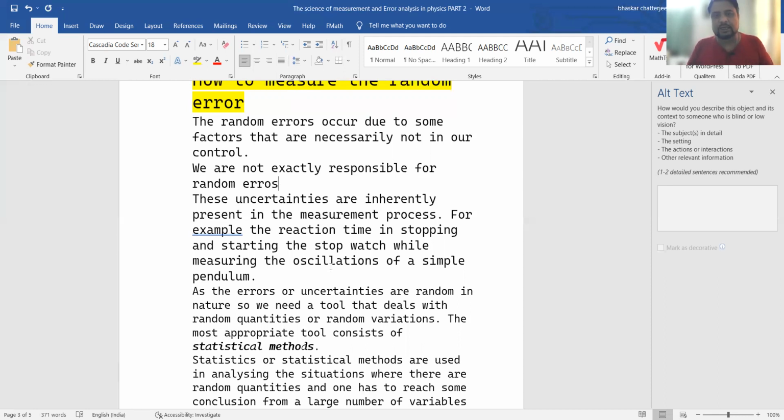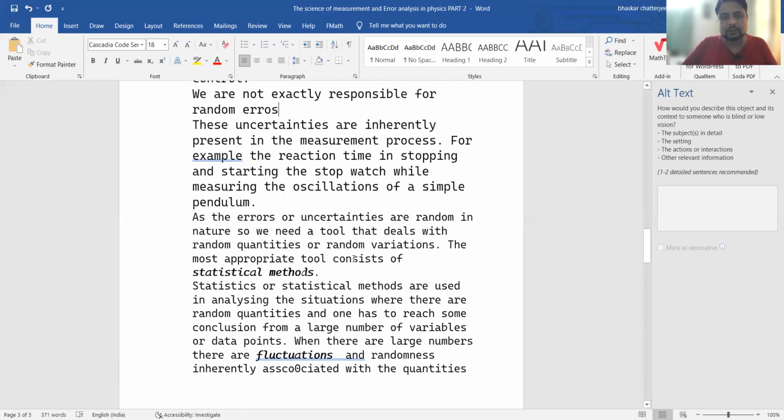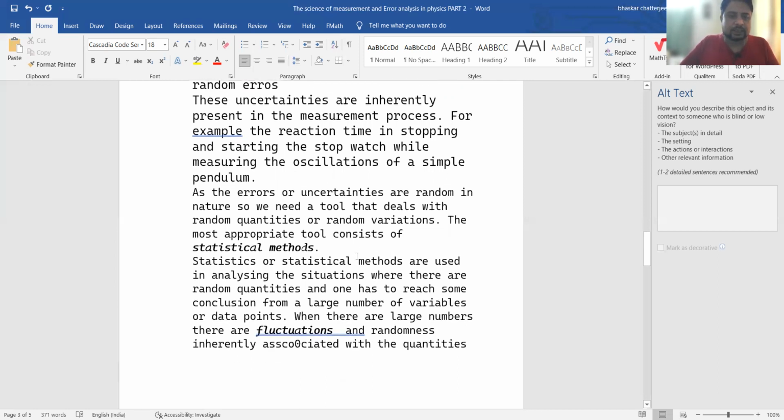So an error has crept into your measurement. You cannot avoid that. You have stopped the watch, but the oscillations are still going on. So again there is an uncertainty. These are factors that creep into your measurement process without any control. There are many other examples.